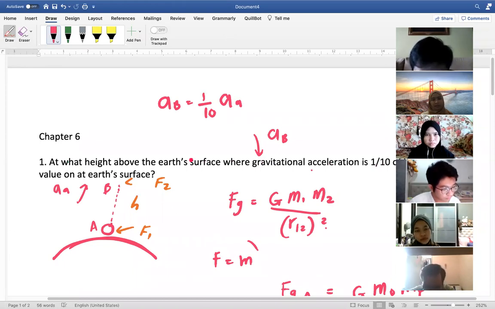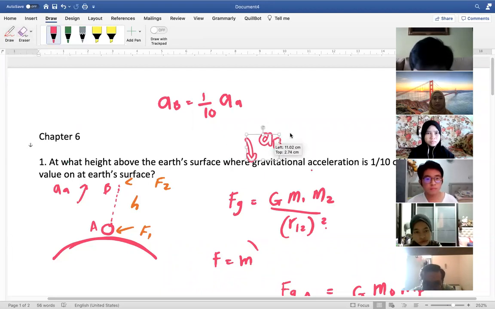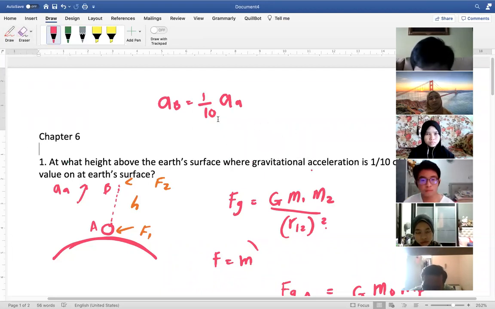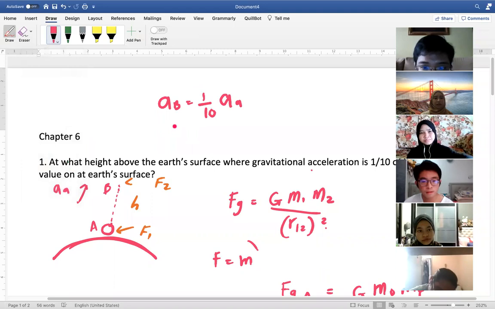Right? From the question, AB's value is 1/10 of AA. Okay, this is how to look at it. And if you know that the question said AB's value is 1/10 of AA, you rearrange this, you will get, oh no, it becomes the same again.